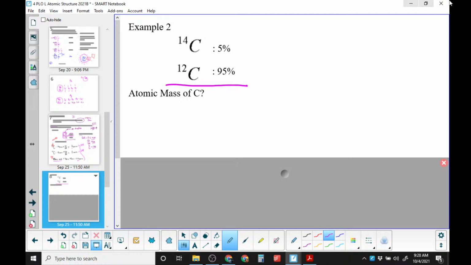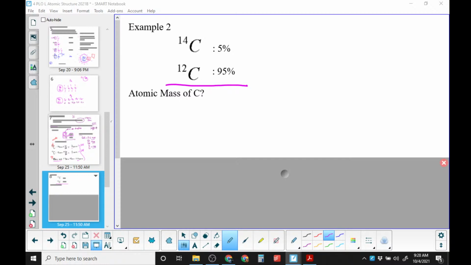And I'm going to come around and I would like to see your answer. Yeah. So I want you to use this exact same process. So you've got carbon-14, but you have a different percentage.